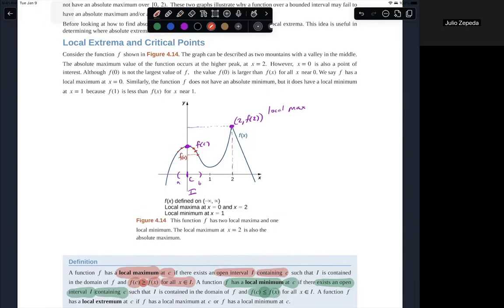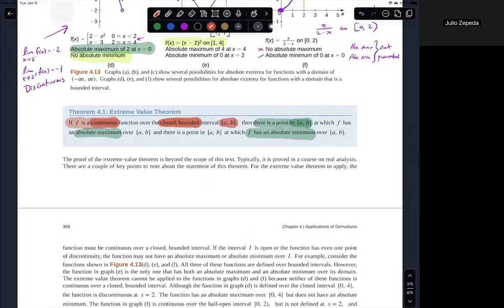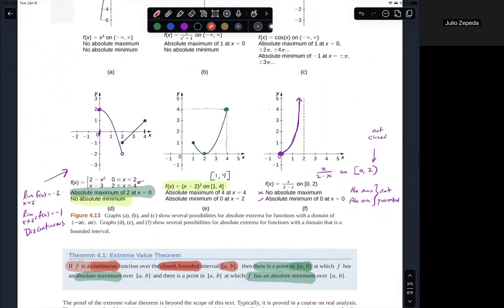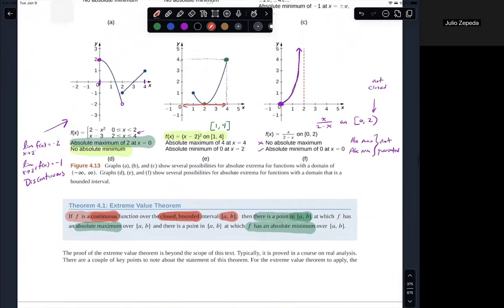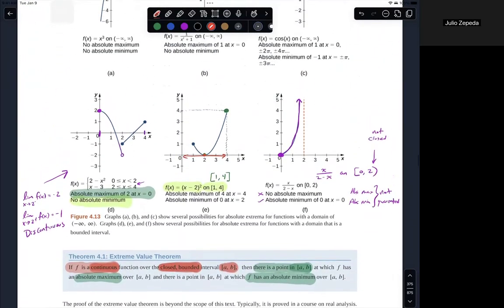And what we'll notice after doing a few problems where we find local minimums or local maximums is that a local minimum or maximum will occur whenever the slope of the tangent line is equal to 0. Oh, and maybe I misworded that a little bit.